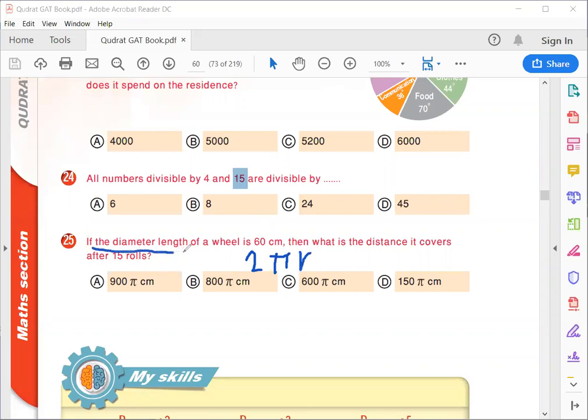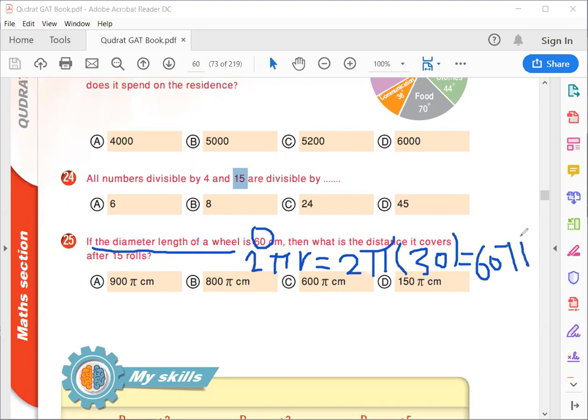But here they give me the diameter. I need the radius, so I divide by 2. So 2 pi times 30 equals 60 pi.